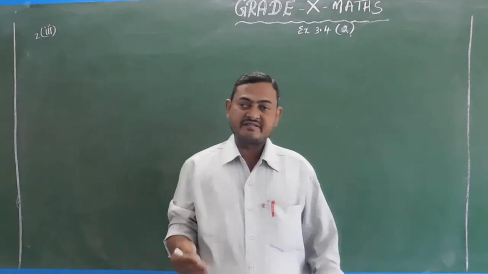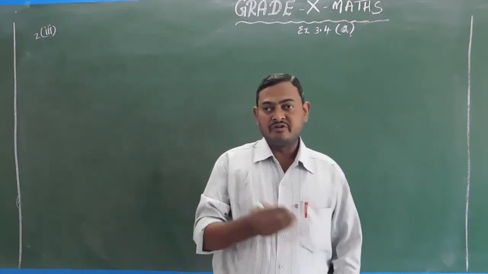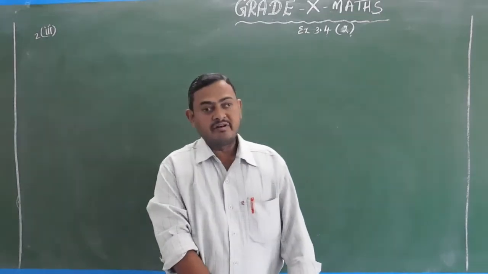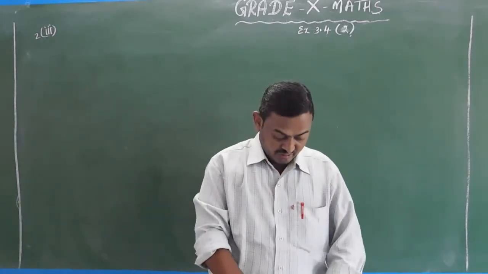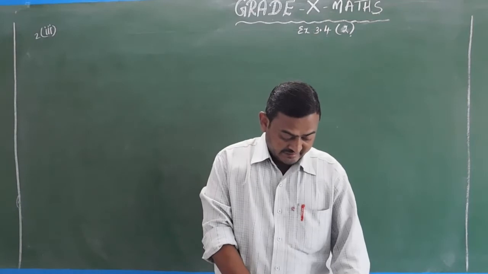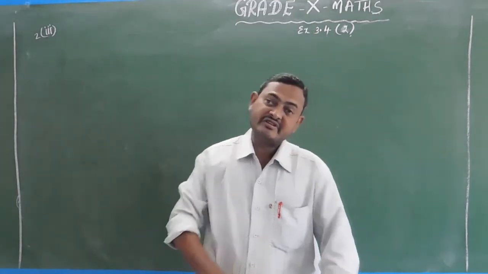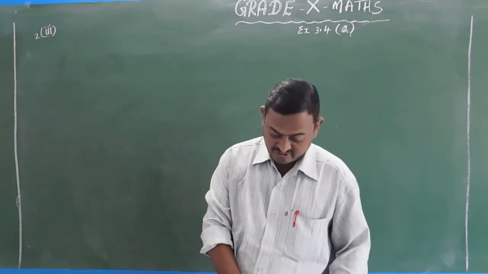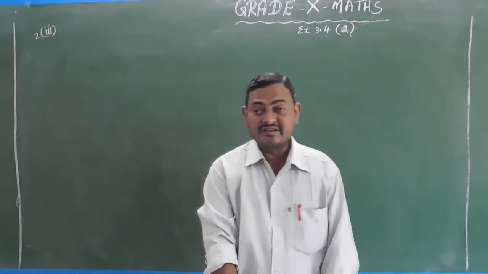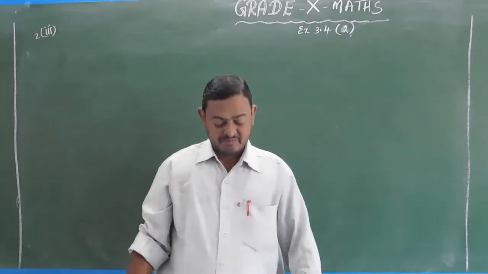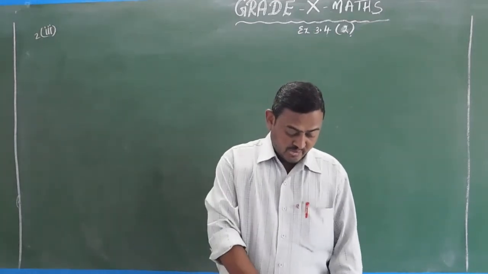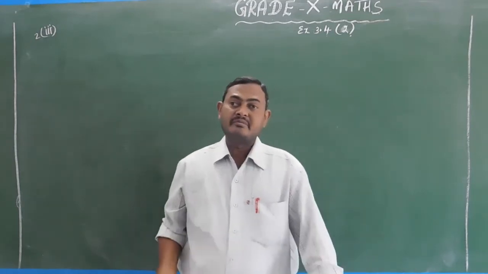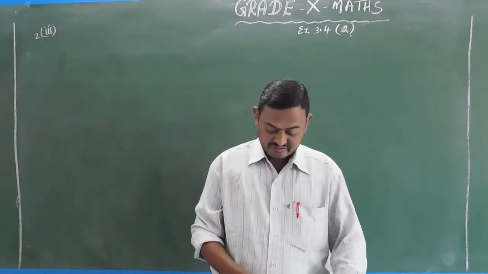Let the one's place be x and the 10's place be y. If we take x and y as the variables, the sum of digits is x plus y equal to 9. Next, in the previous class we discussed the general form of a two-digit number, 10x plus y, and the reverse of the number is 10y plus x.